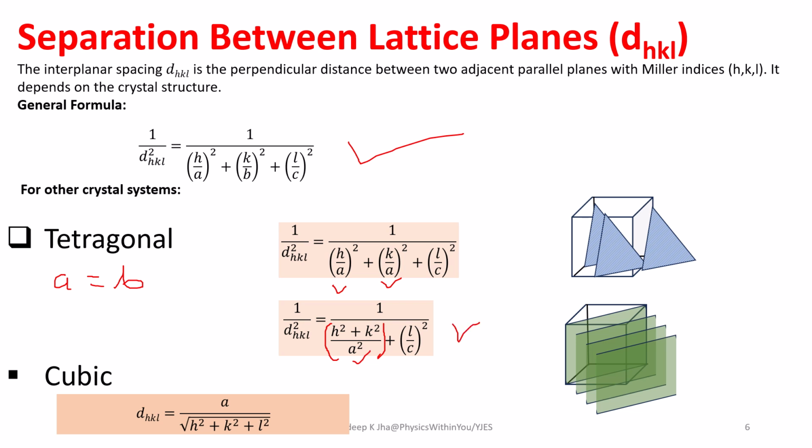In the cubic case, again everything is a, so you can take the LCM, a square will go up, the root of that will be a only. So finally you get the simple case for the cubic: d hkl equals a upon root of h square plus k square plus l square. That's a simple relation.